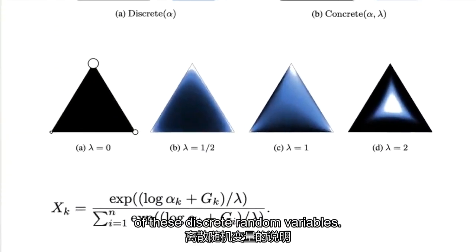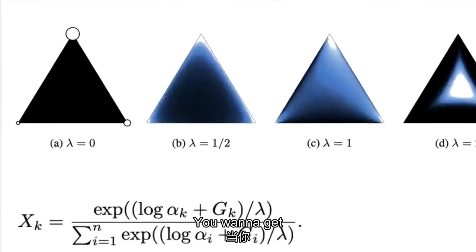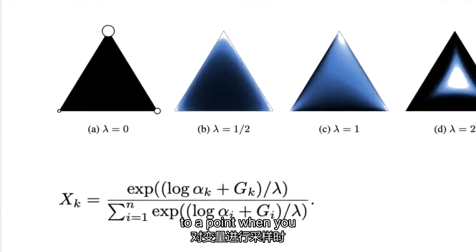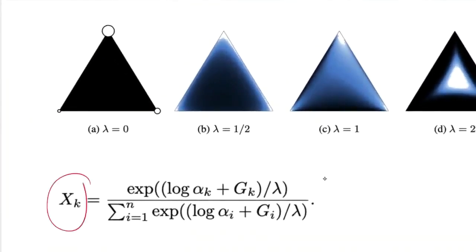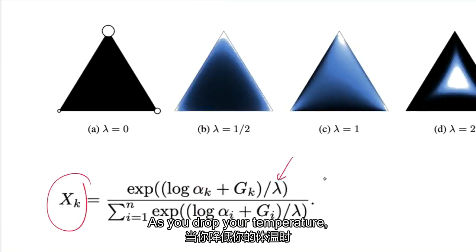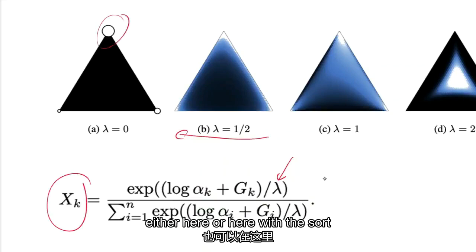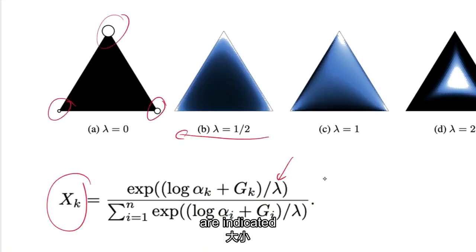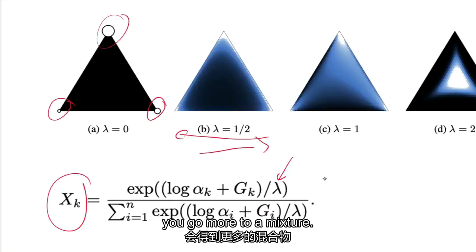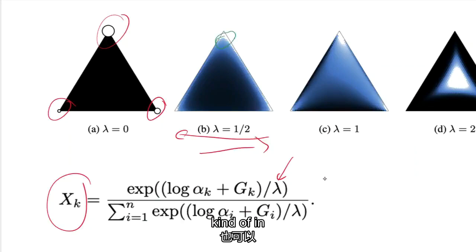Yeah, here's an illustration of these discrete random variables. You want to get to a point where, when you sample the variable and drop your temperature, it more and more approaches this fixed sampling. Like you can be either here or here or here, with the masses indicated by the size of the circle. But as you increase the temperature, you go more to a mixture. So you can be at the corner, but you can also be in this region or this region.